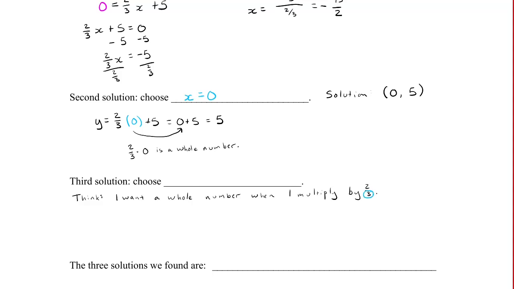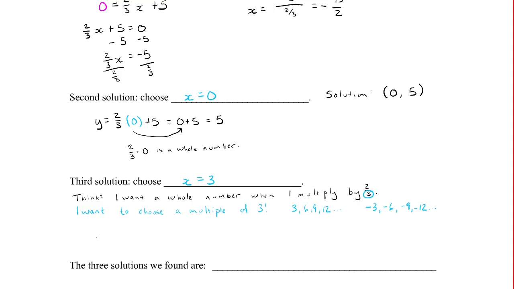In other words, I want to choose a multiple of 3. So that could be 3, 6, 9, 12. Or it could be -3, -6, -9, -12, and so on. I'm going to choose the easiest one of those. I'm going to choose x equals 3 as my next value.